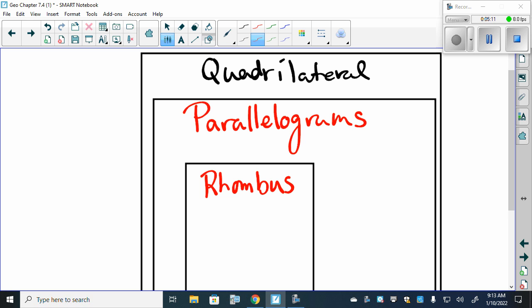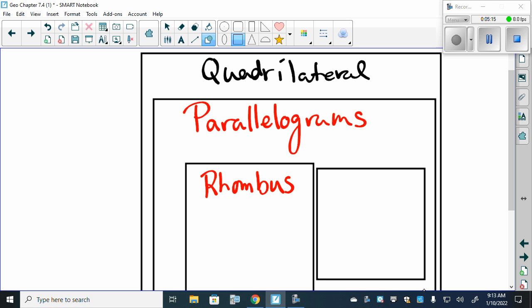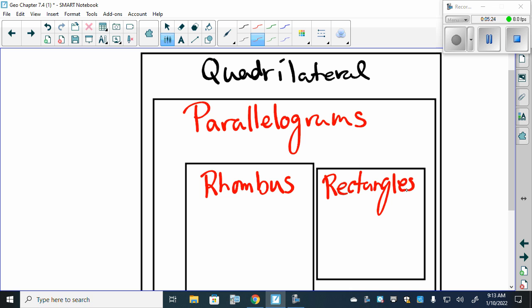Now we also have rectangles. And what are rectangles? Four right angles. Does it say anything about the sides? No, it's just a quadrilateral that is a parallelogram and has four right angles. And what's the last one? Square.